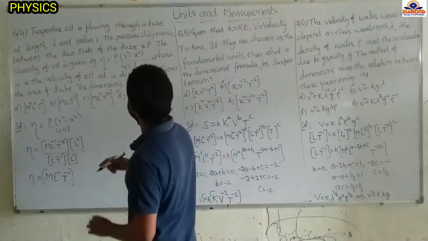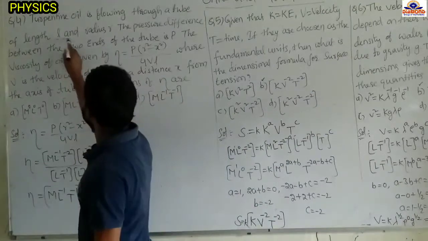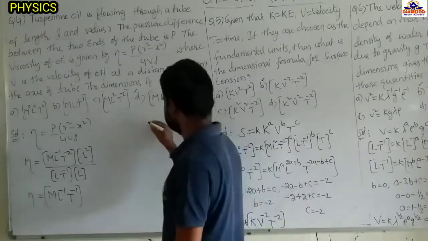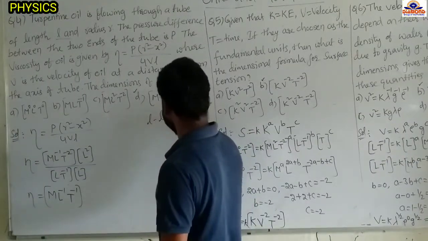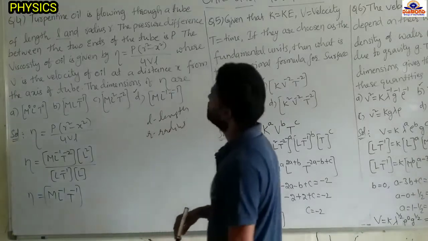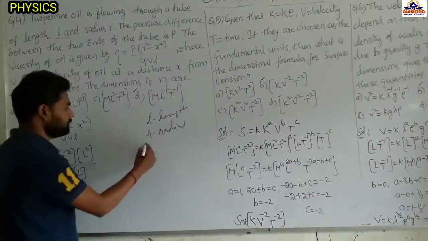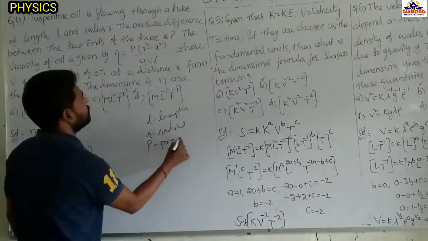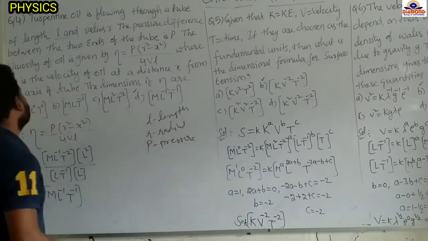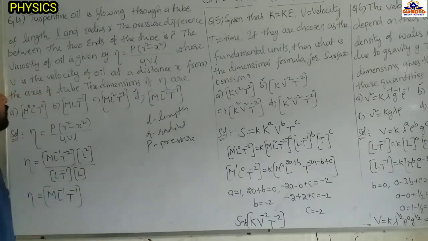Turpentine oil is flowing through a tube of length L. L is the length here, R is the radius, and the pressure difference between the two ends of the tube is P. So P is the given pressure, and the viscosity of oil is given by eta equal to P into R square minus X square by 4VL.